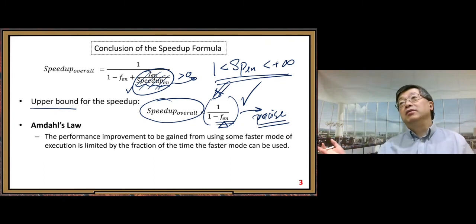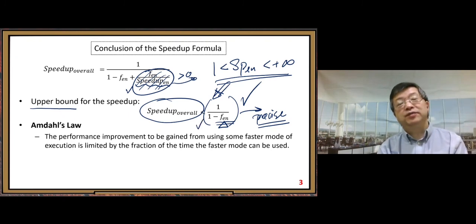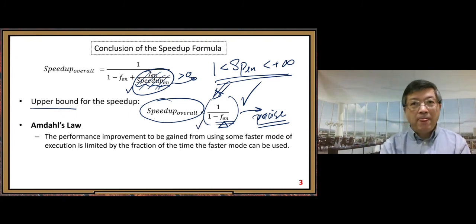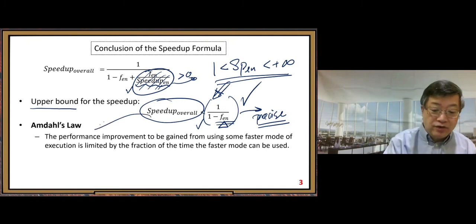How to determine that? This is the formula to determine it. Now, you can see Amdahl's law is so simple. Nothing special, right? Very natural from this formula. But its impact in computer system design is huge.